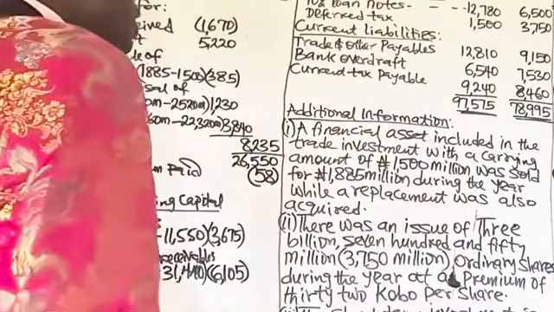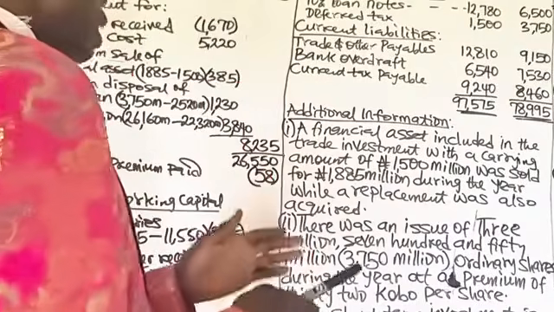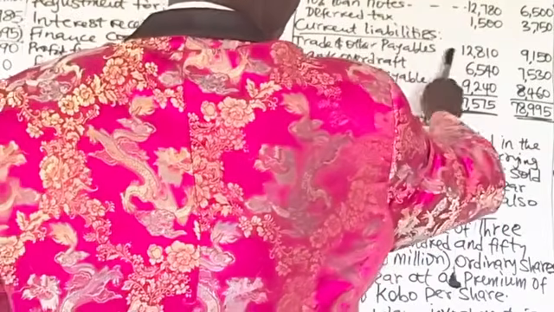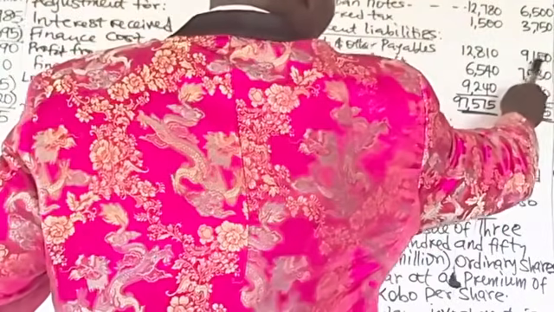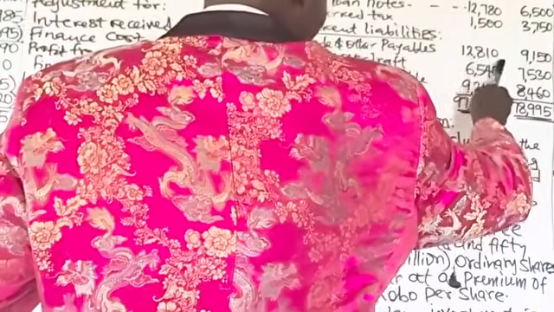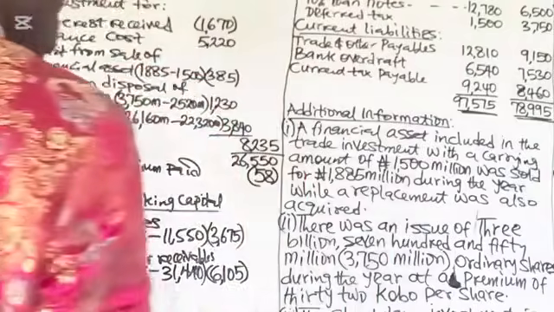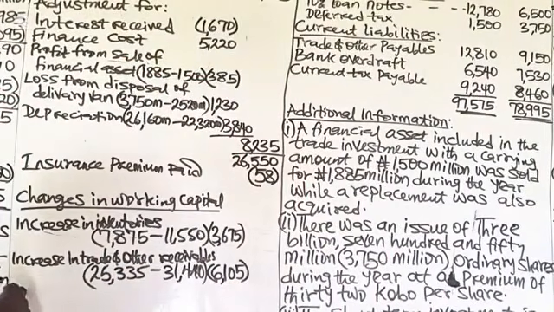Remember, liability is opposite of the asset. So look at the current liabilities, trade and other payables. The 2024 is 9,150, 2025 12,810. 2025 is greater. That means you have an increase in trade and other payables.